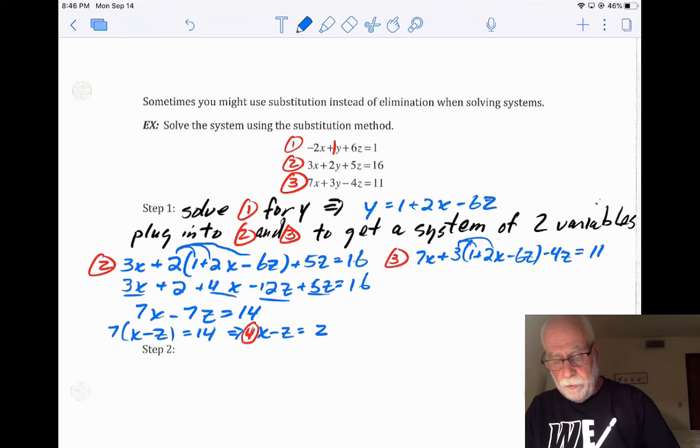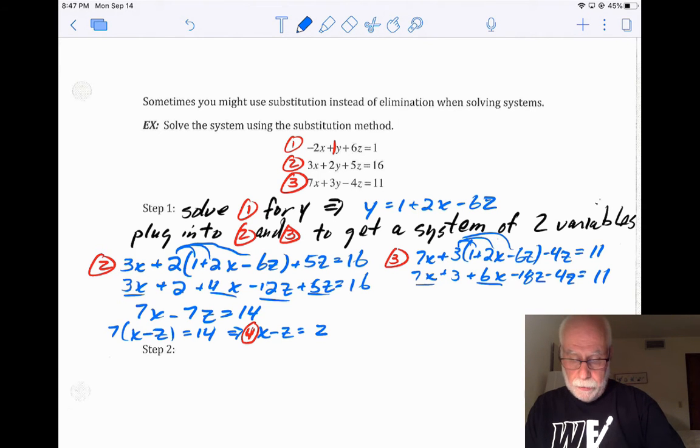Again, I'm going to distribute that 3 through the parentheses. That'll give me 7x plus 3 plus 6x minus 18z minus 4z is equal to 11.